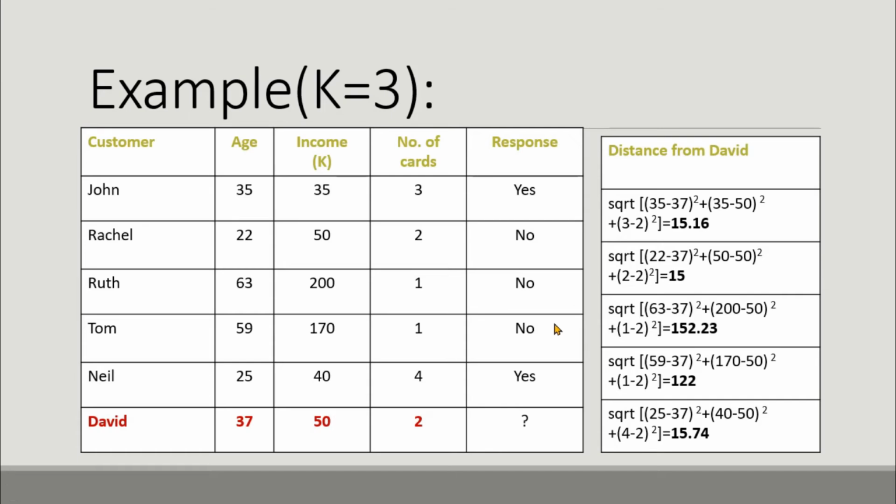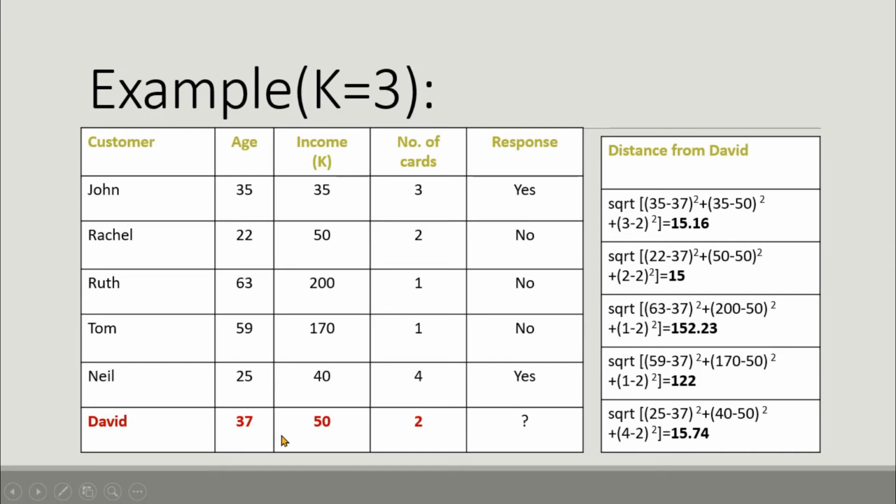Here we will discuss an example and see how K nearest neighbor works. As we can see, there are 5 columns and 6 rows, and the column response is our test class, because we have to find the response for the last row, whether it is yes or no. So how do we find it?